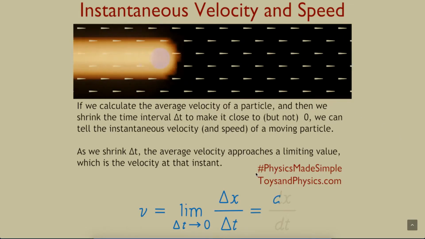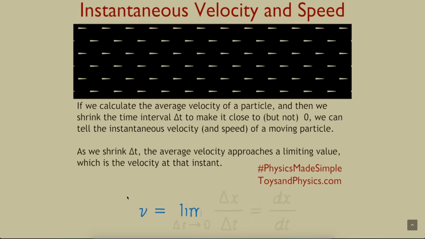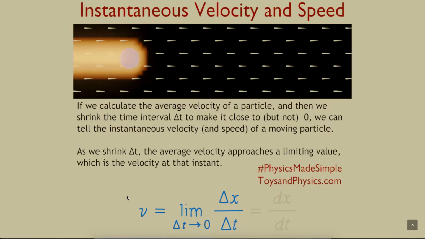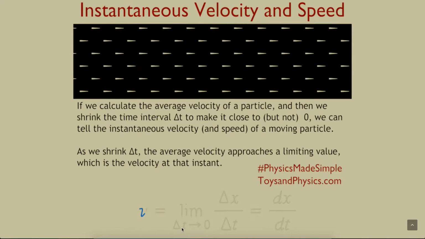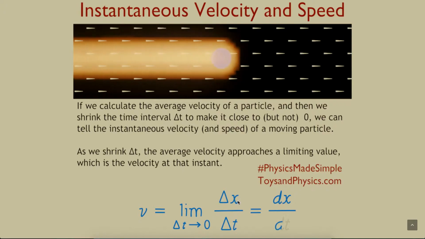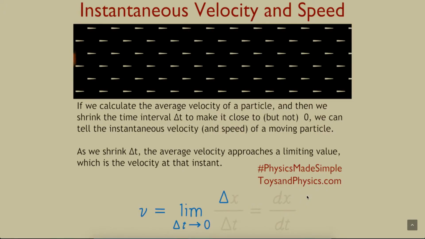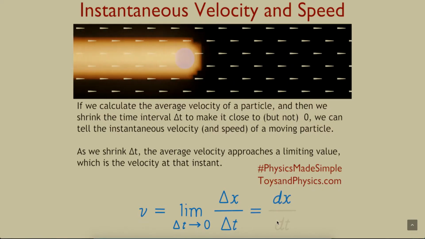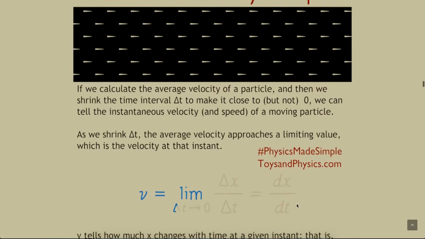So the mathematical expression to define everything I'm talking about right now is precisely this: v equals the limit, when delta t approaches 0, of delta x over delta t. And in this case, this would be dx over dt. By the way, this is the derivative of x with respect to t.